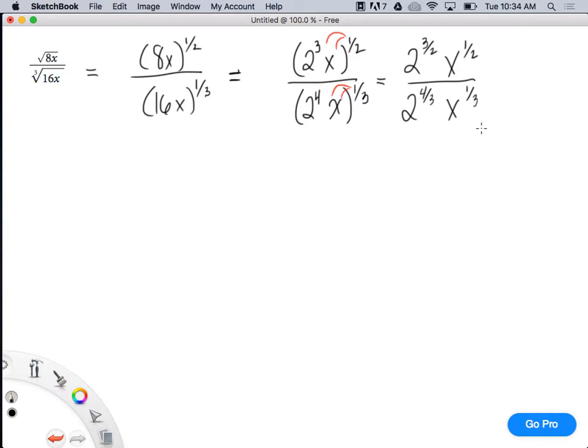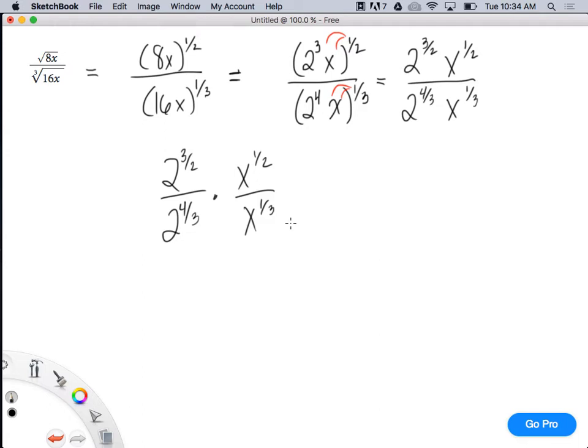Okay. Now, if I write this together like that, it can seem confusing. But if I write it separately as two different fractions, it makes it a little easier. What happens if I've got a base raised to a power over the same base raised to another power?